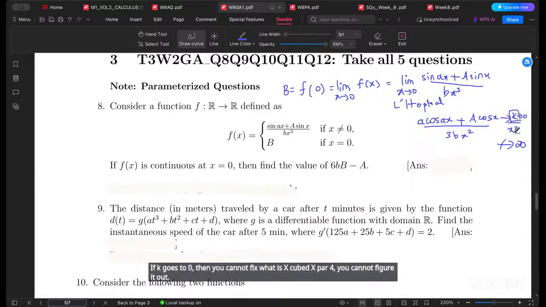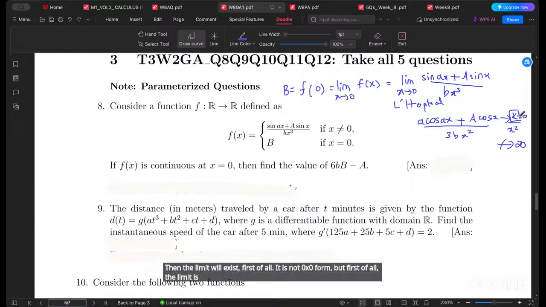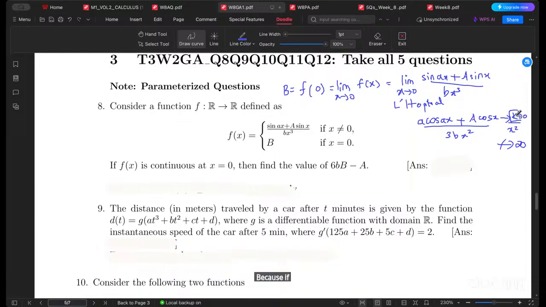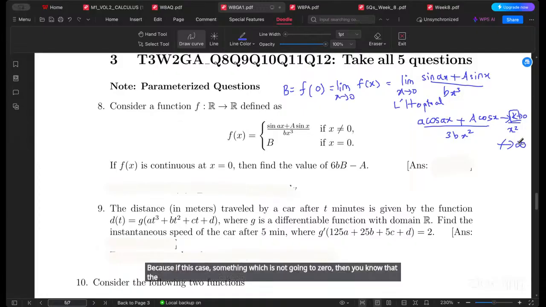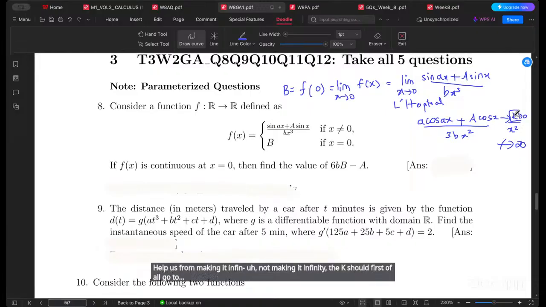If k goes to 0, what happens to the whole term? Then L'Hopital will apply. The limit has to exist first of all. It is not a 0 by 0 form, but the limit is going to exist. If k is something which is not going to 0, then the limit is not going to exist. So for the limit to exist, what is the only criterion which can stop it from becoming infinity? The k should first of all go to 0.